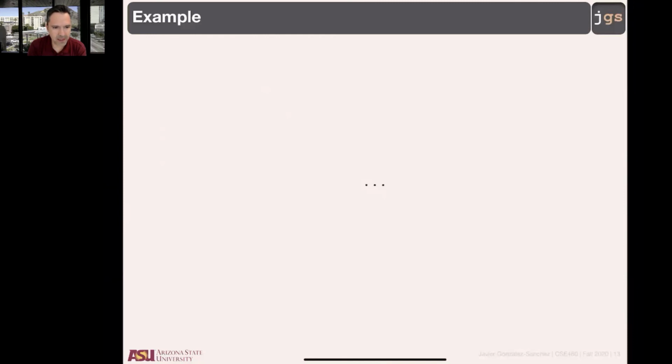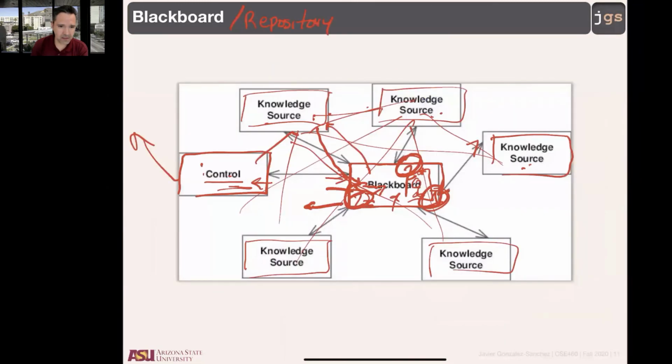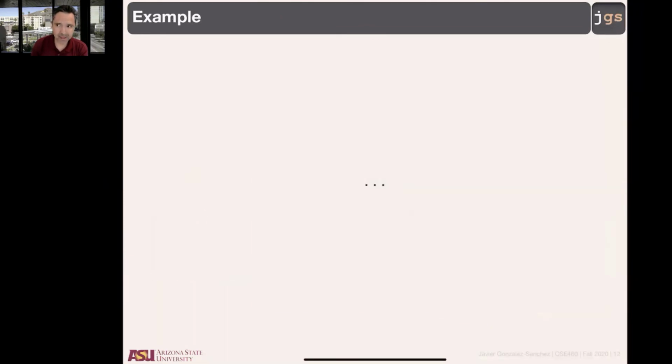Can you imagine the class diagram for that? Because be careful, this is not the class diagram. This is just the explanation of what is going to happen. The class diagram is going to be very different from this. Class diagram.